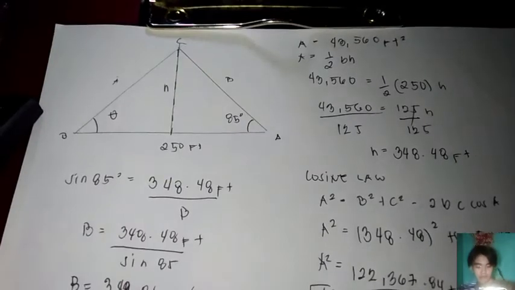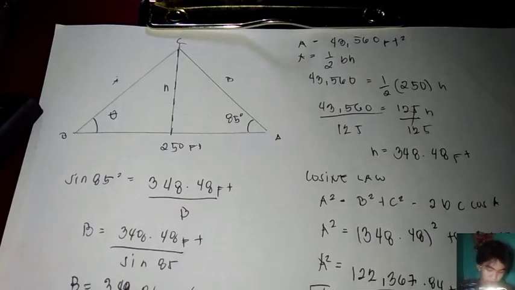883.64. Number 5, we have two boundary lines of a piece of property that intersect at an angle of 85 degrees. It is desired to cut off a triangular portion of the property, which will be 1 acre, which is 43,560 square feet in area, by means of a straight fence.